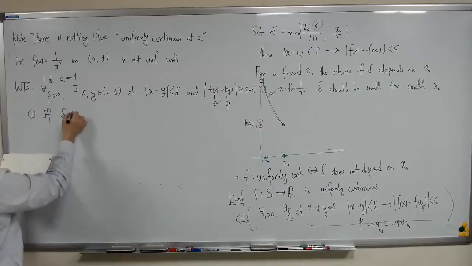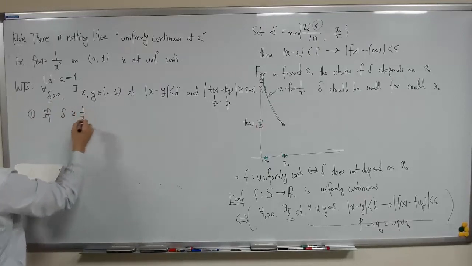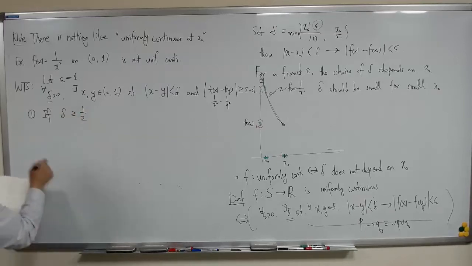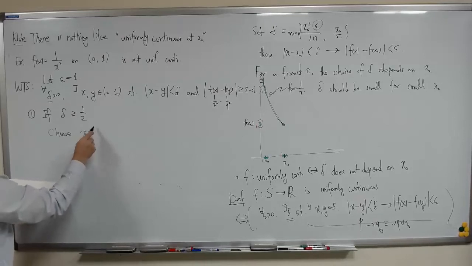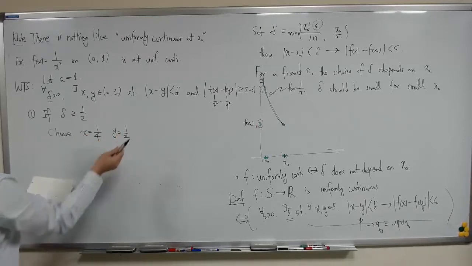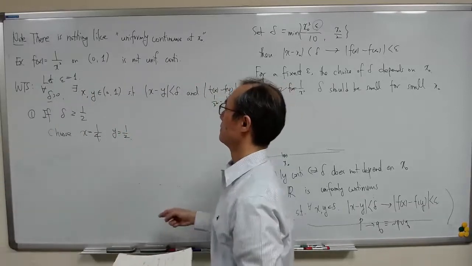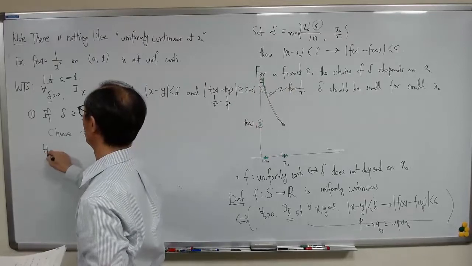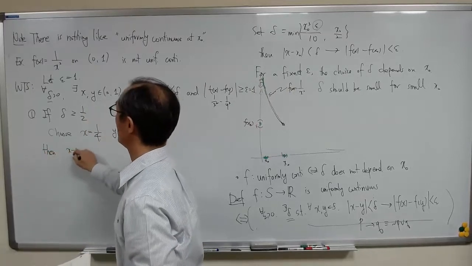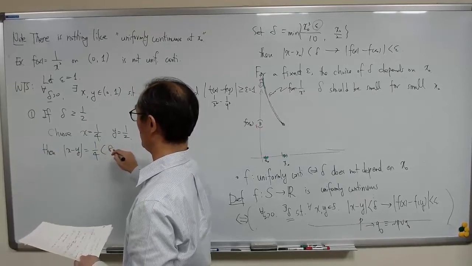So we're going to consider these 2 different cases. When delta is greater than 1/2, then we can choose x as 1/4 and y as 1/2. Then the difference x minus y is 1/4, which is smaller than delta.